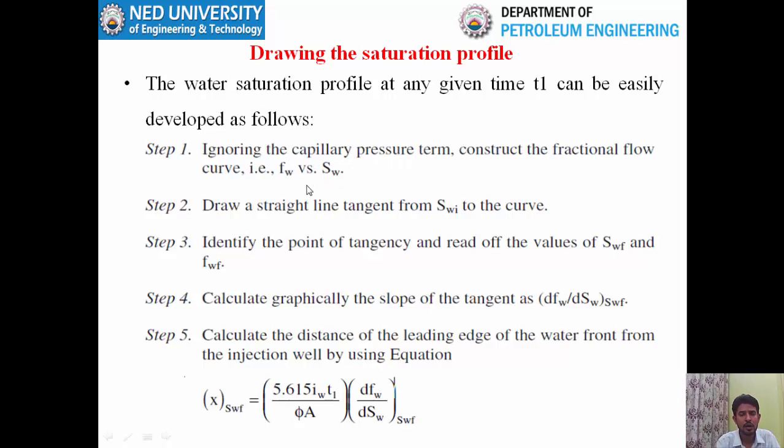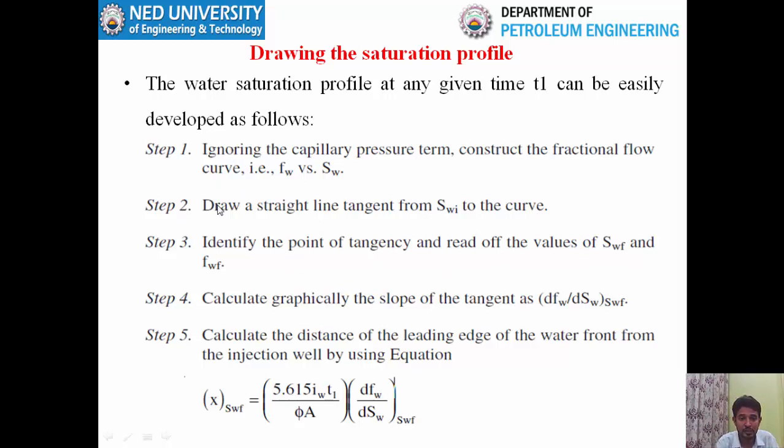So you will draw a graph of FW versus SW, and we have seen how to plot a graph. And you will draw a tangent, and we have seen how to draw a tangent. And from the point of tangency, you read the values of SWF and FWF, and we have also done this exercise.